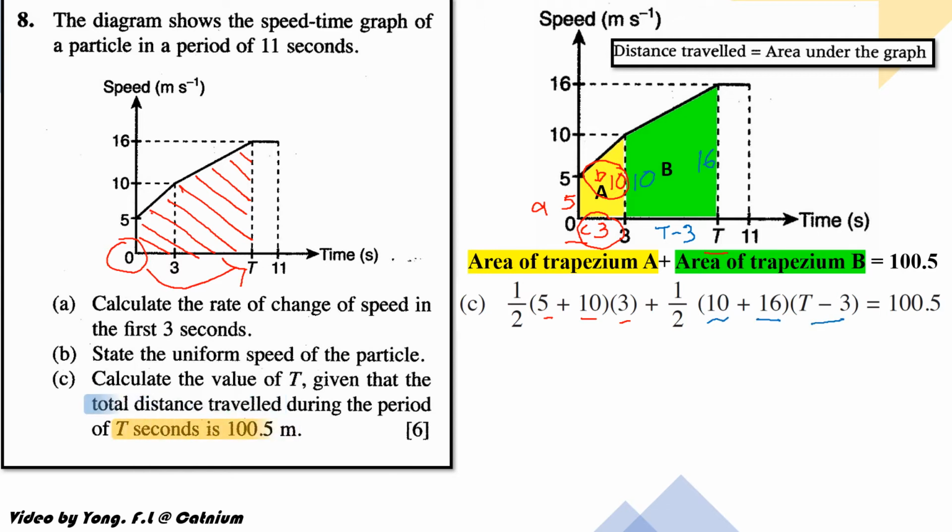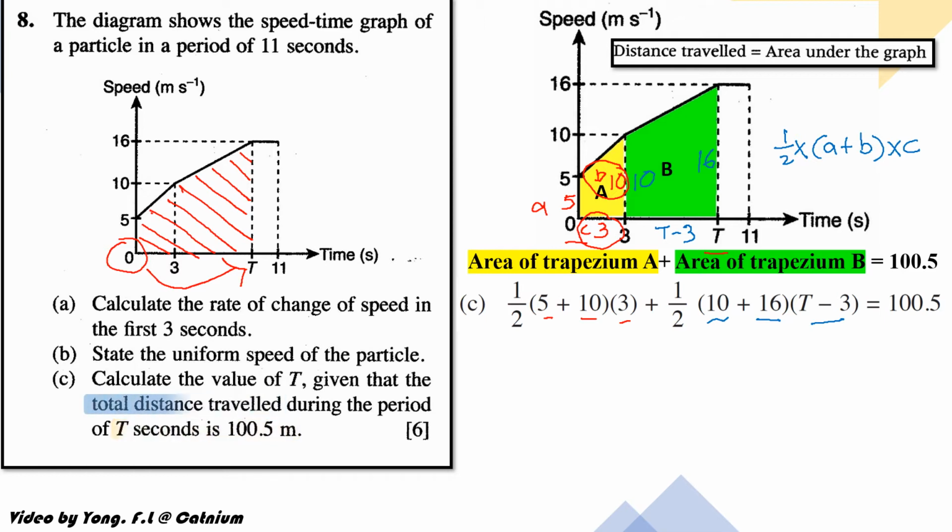So the formula for the area of a trapezium, if you forget, I write down for you, is 1/2 multiplied by (a + b) multiplied by c. This is the formula. So a and b are the two parallel lines, dua garis yang selari.